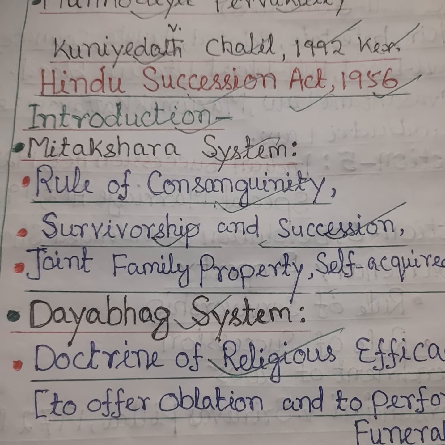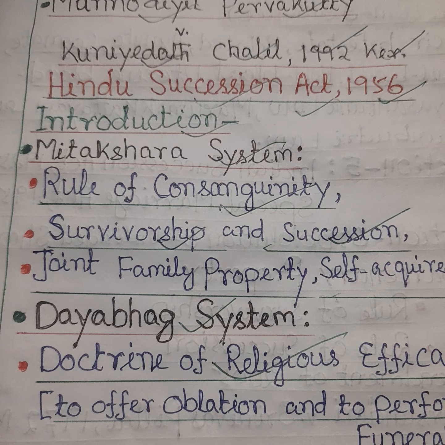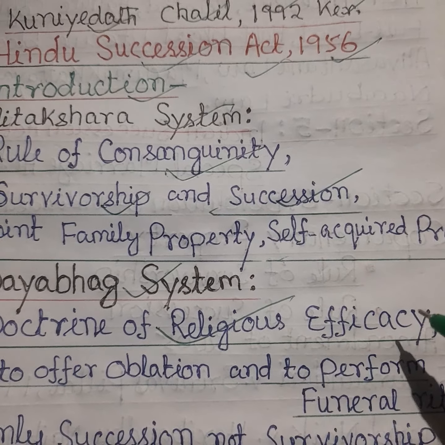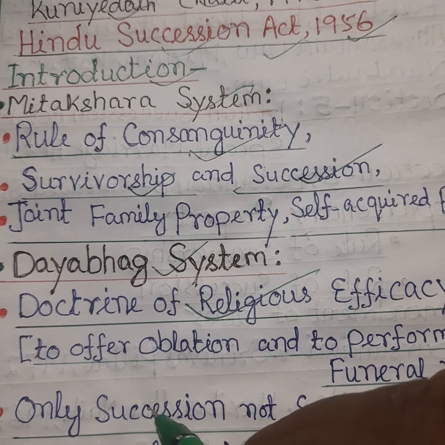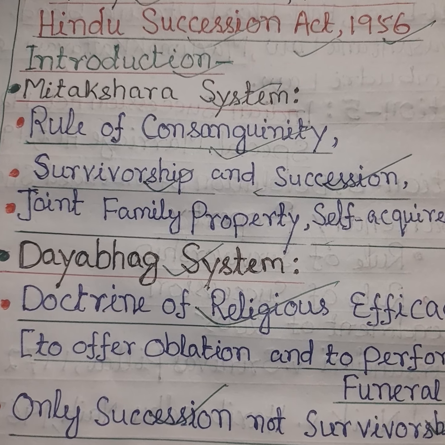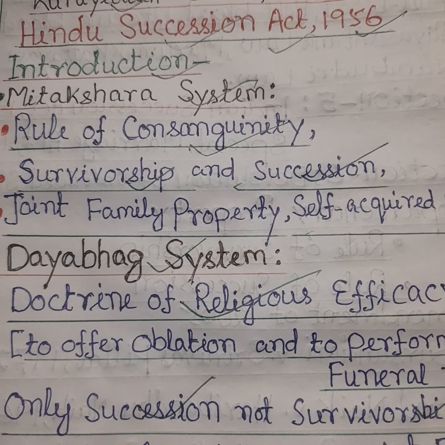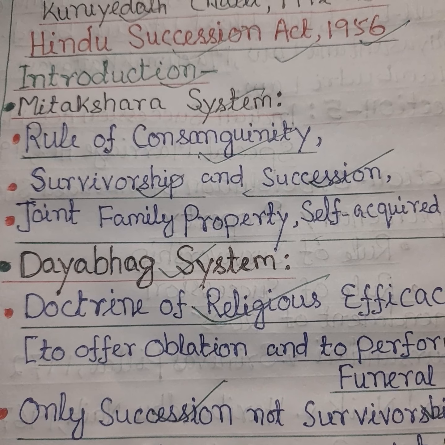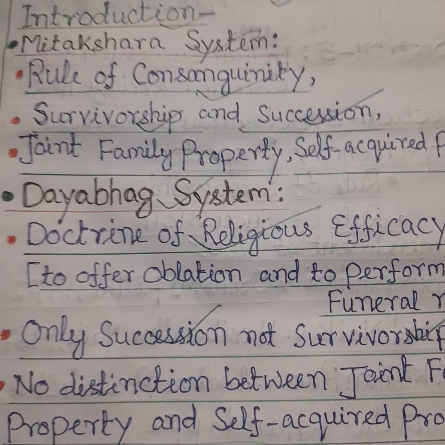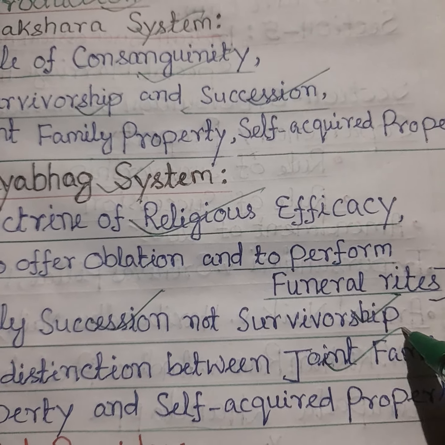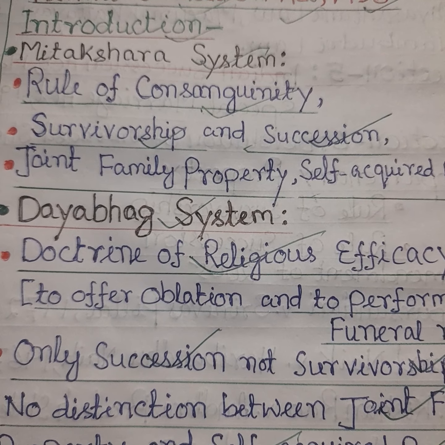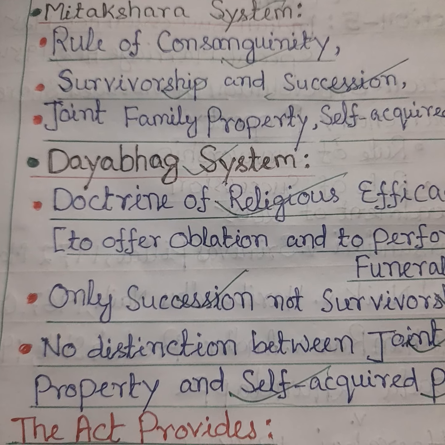The Dayabhaga system recognizes devolution of property only by succession. Only by succession, no survivorship. It does not recognize devolution by survivorship, nor a distinction between joint family property and self-acquired or separate property.